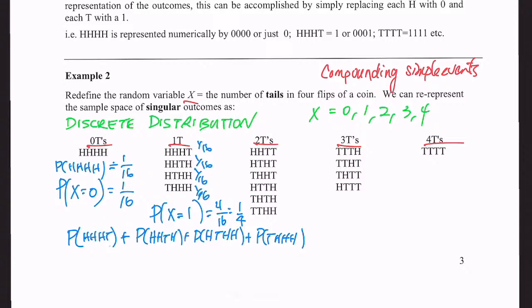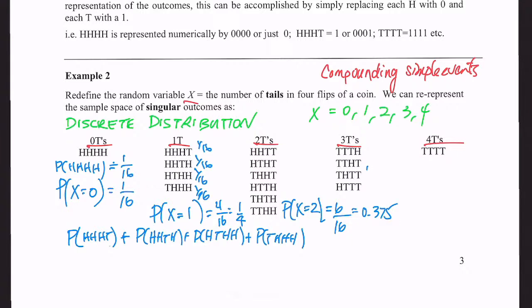So finally, let's continue this. X equals 2. I won't do that again. I'll just add them up as 6/16. Right? You can reduce that to decimals. That would be 0.375.